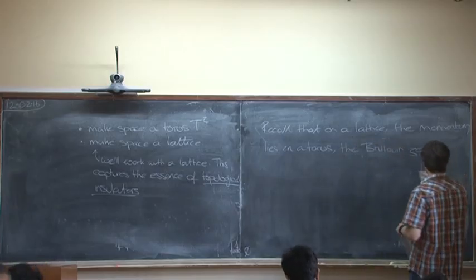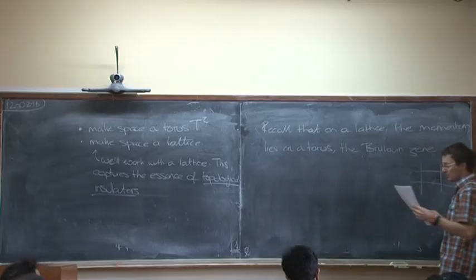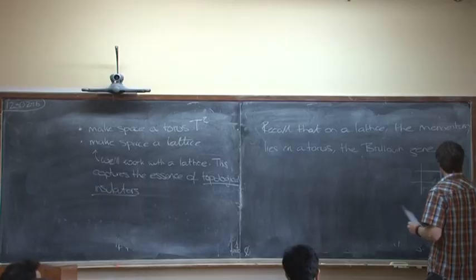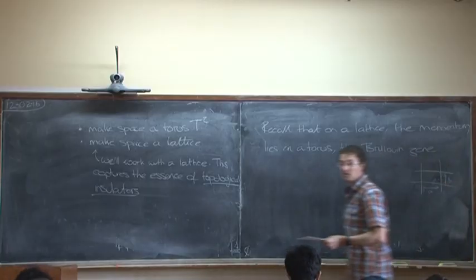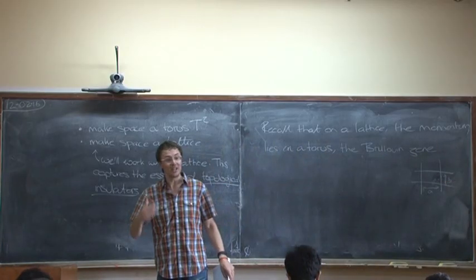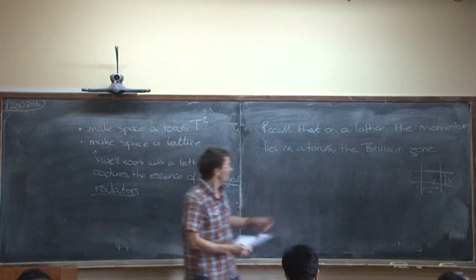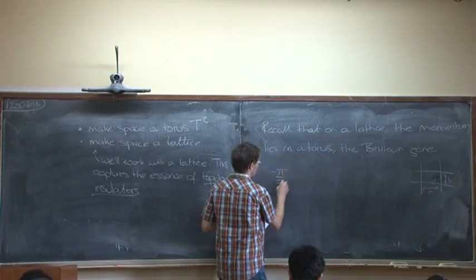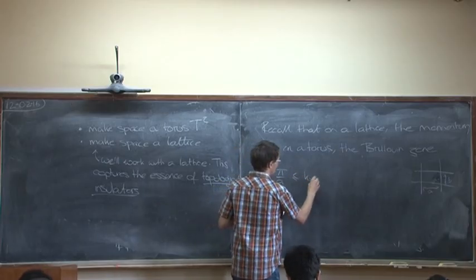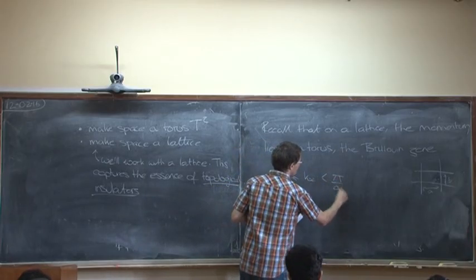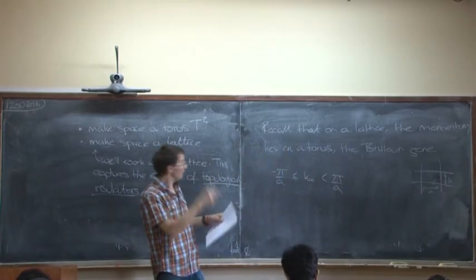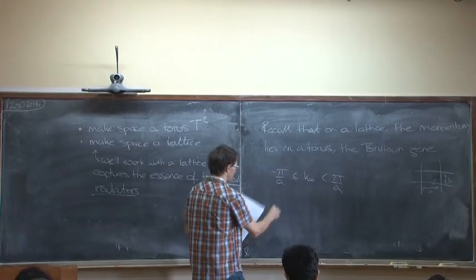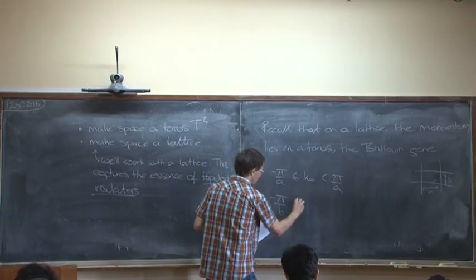So this is our lattice. I'm just going to take a square lattice for simplicity. This is going to be a, this is going to be b, and standard condensed matter undergraduate physics tells us that the momentum in this direction is periodic valued with periodicity 2π over a, and likewise for the momentum in the y direction.